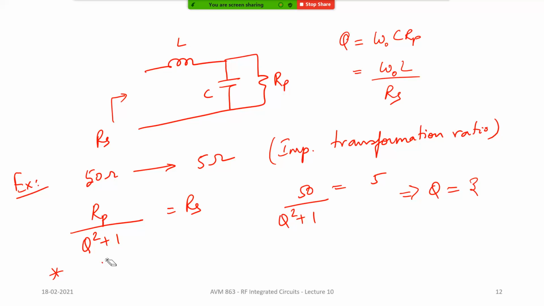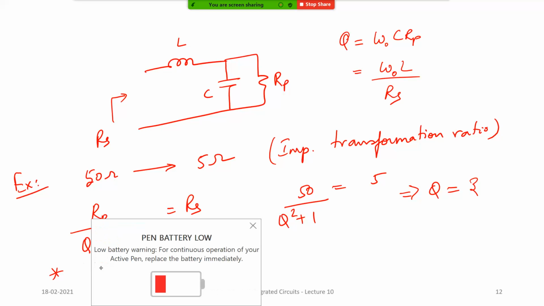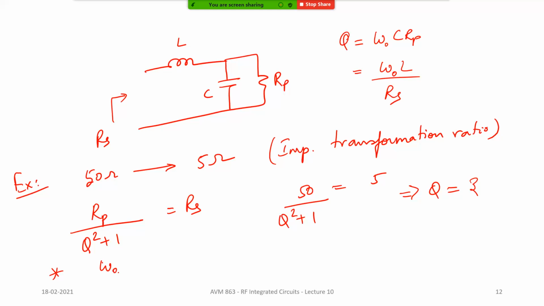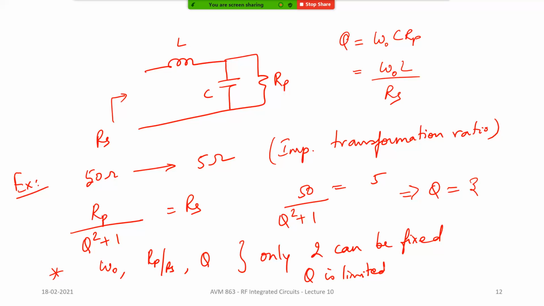For a given omega naught, Rp by Rs ratio and Q, only two can be fixed. Your Q is limited by the Rp by Rs ratio, the impedance transformation ratio.